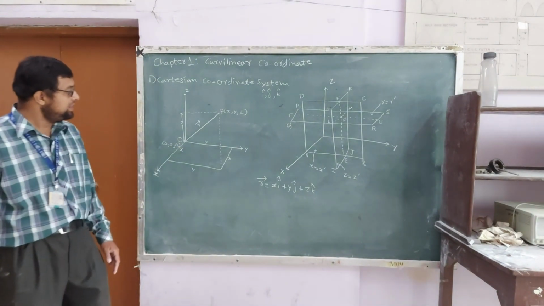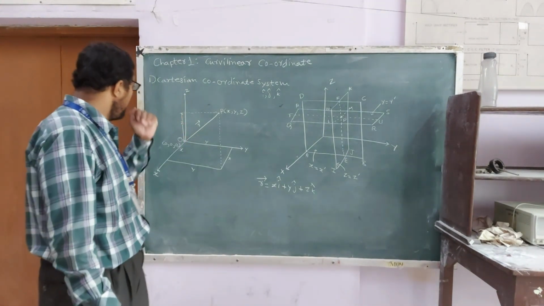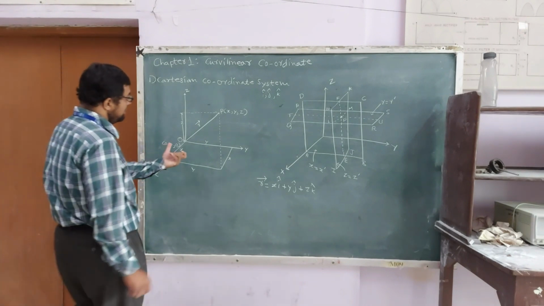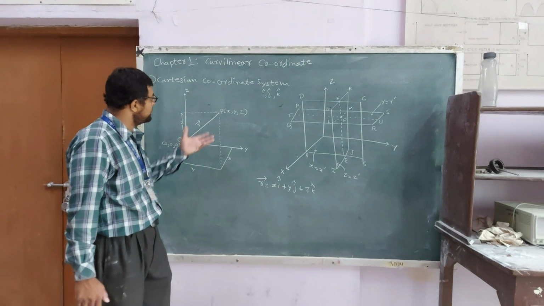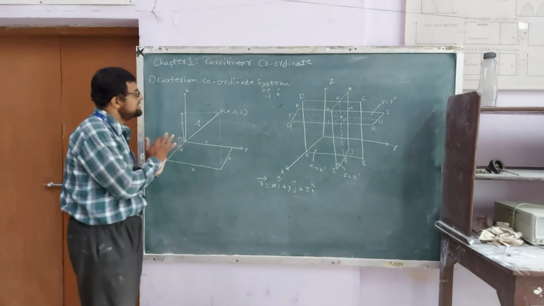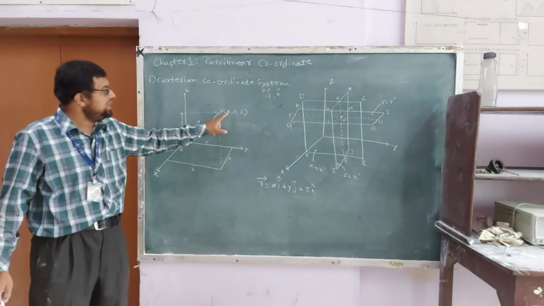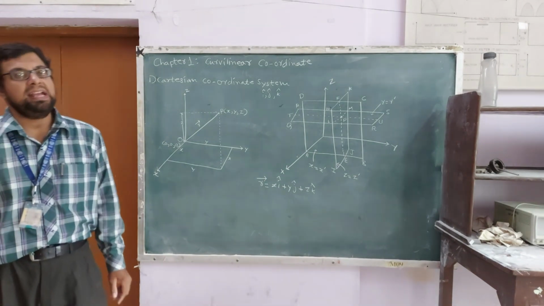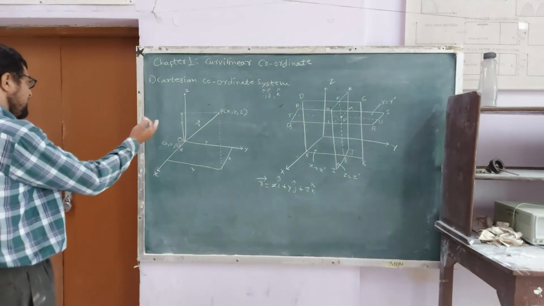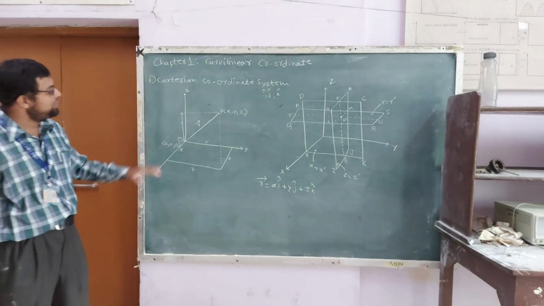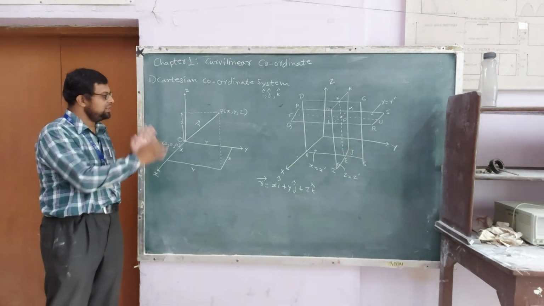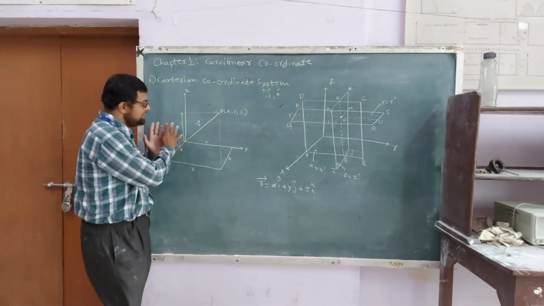So by knowing how much x, y and z are required, we can determine any point in space P, x, y and z. Also we can go to the negative axis anywhere. Basically there will be 8 quadrants here, because these are the 3 axes.